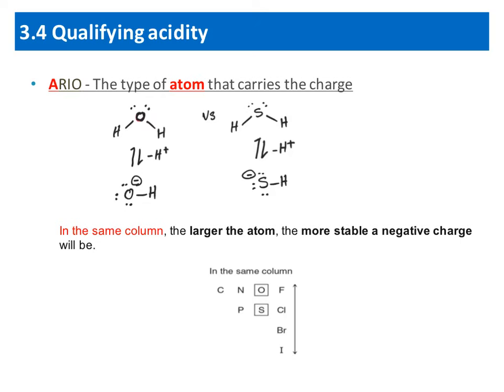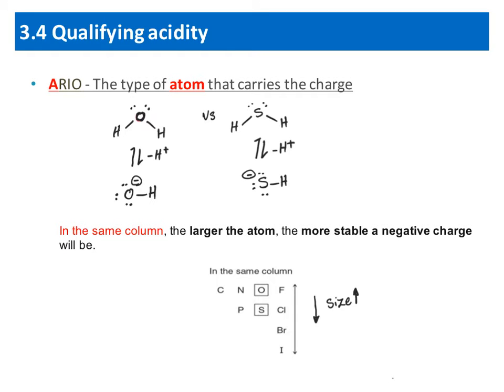So as we go down the periodic table, the size increases, meaning that the negative charge is more stable on sulfur rather than on oxygen. So this anion is more stable than this one. So hydrogen sulfide is a stronger acid than water.